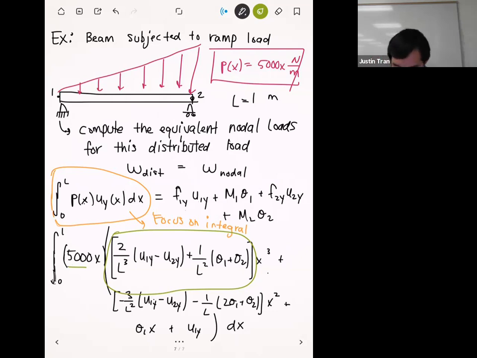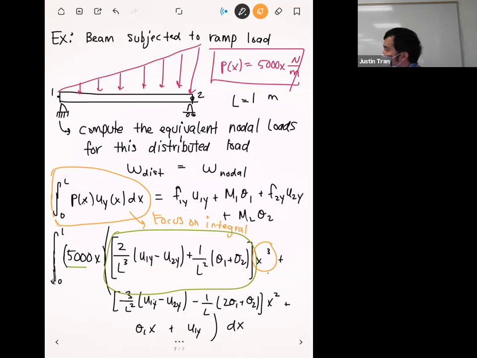The only things you're actually integrating are these x terms, and they're just polynomial x terms. So the integration itself is not difficult. It's just a lot of writing that you unfortunately have to keep up with.